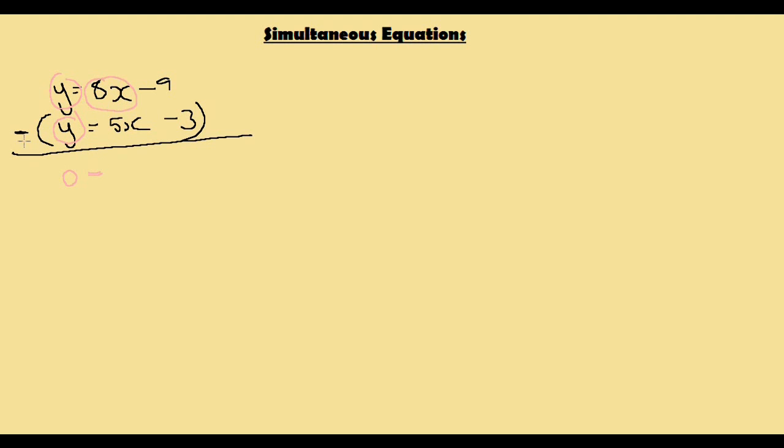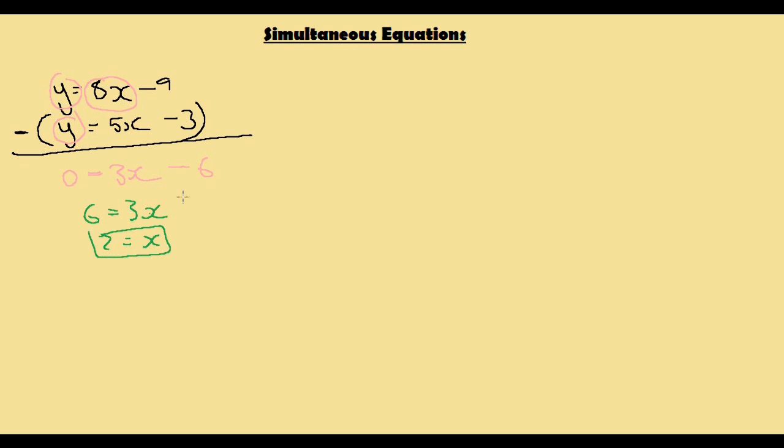This 8x take away 5x makes 3x, and then minus 9 take away minus 3. Remember, those double minuses make a plus, so it's minus 9 add 3, so that makes minus 6. Okay, so 0 equals 3x minus 6. So if we solve this as a two-step equation again, it makes 6 equals 3x, and then 2 equals x.